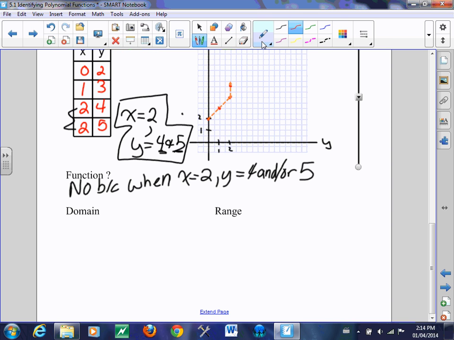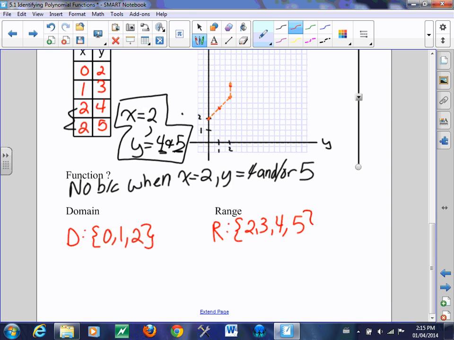All right, dealing with your domain. Domain is taking a look at your set of first variables. So you go 0, 1, and 2. Notice here, folks, that the 2 is not repeated because it's already included. When you do the range, on the other hand, it has more values.